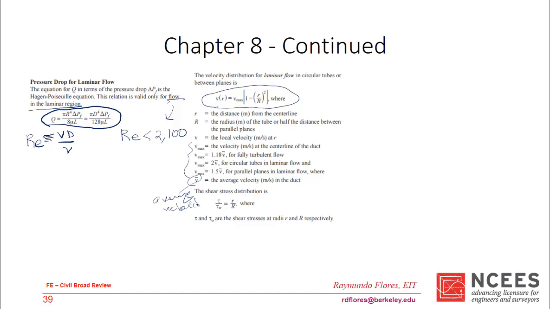So if you need to find what V of R is, I would use the maximum, this data for that, and you should be able to figure out what it is. For example, for parallel plates, it's going to be 1.5 times the average velocity, and in general it would be the velocity at the center line of the duct, which isn't necessarily obvious. So just use this information if you need it.